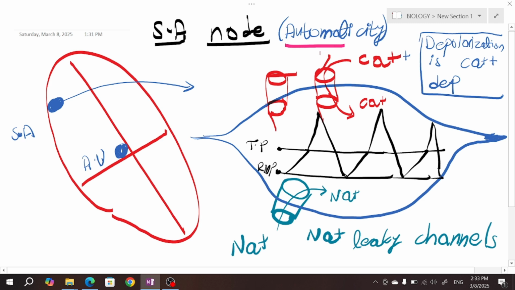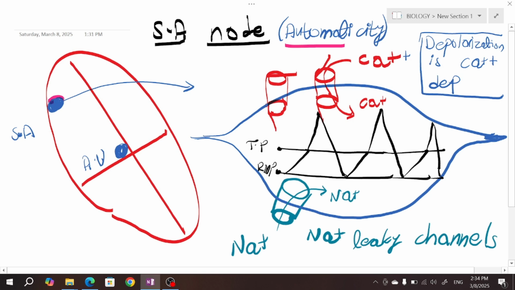Though the AV node also has the property of automaticity, and the Purkinje system also has the property of automaticity, the first action potential is generated in the SA node. So which structure controls the rhythm of the heart? It is the SA node.